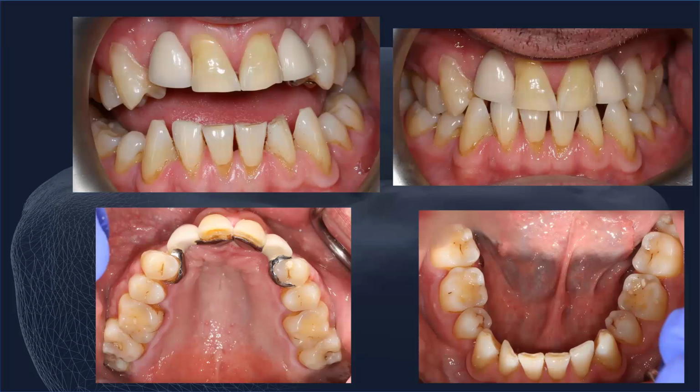The plan for this patient was to restore the lower posteriors, because if you look at the arch, there's a big step in the lower posteriors. So if you restore the lower posteriors, raise the OVD, and then use that space for creating the anterior upper bridges, I'm not going to need to drill too much of the tooth. I'm creating space for those centrals.